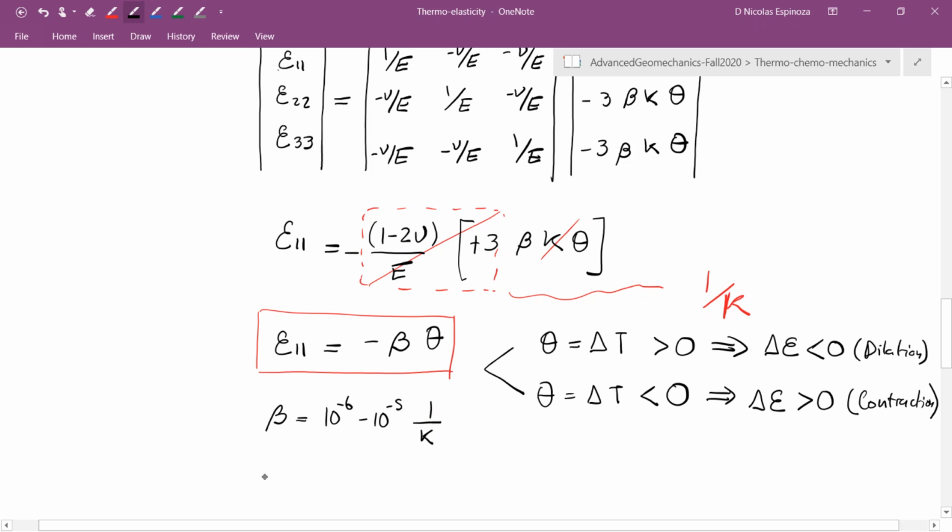For example, if you were to have a change of temperature of more or less 100 degrees C, which is the same as a K in terms of the change, there is just an offset in the origin, what is 0, then 100 times that will tell you that the expected strains will be in the order of 10 to the minus 4 to 10 to the minus 3.